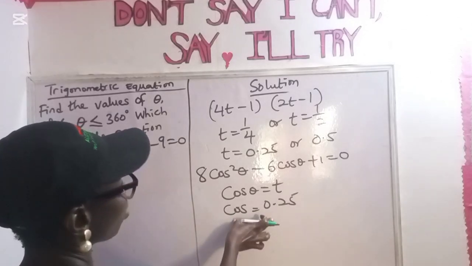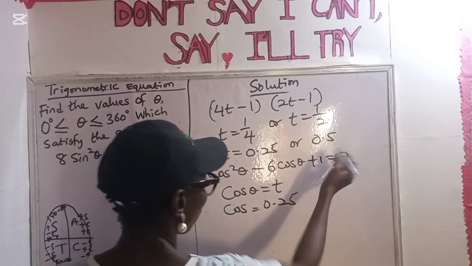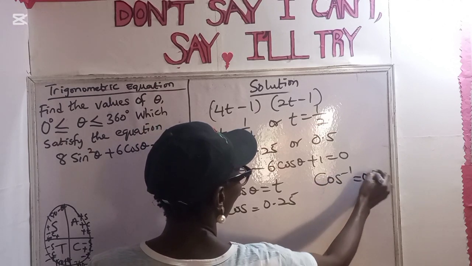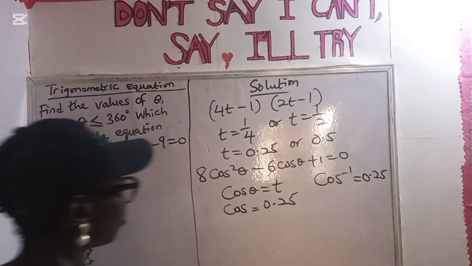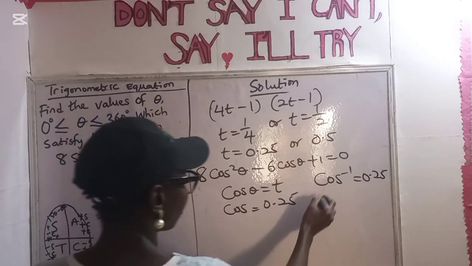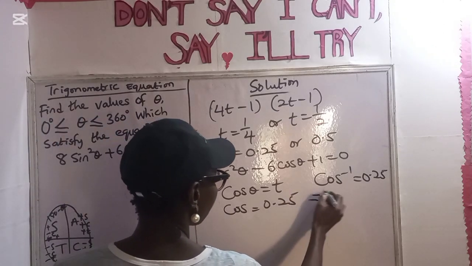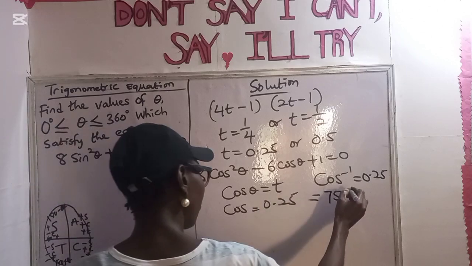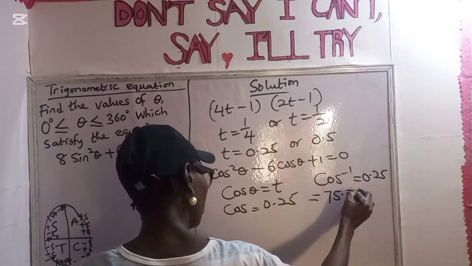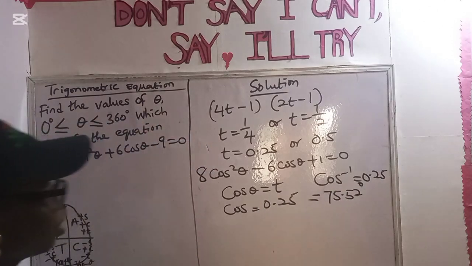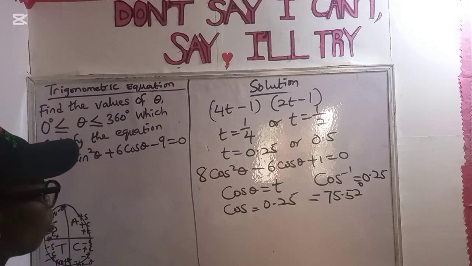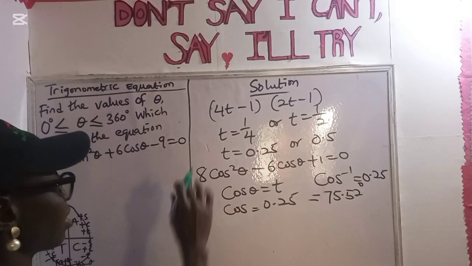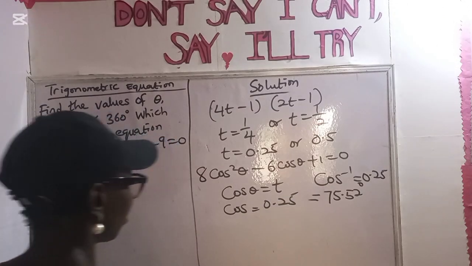It will take us to the inverse of cos, that is cos minus 1 of 0.25. If we do that, the answer is 75.52 degree, if we use our calculator, or if we use our phone, you see inverse, press inverse, it will take you to this.